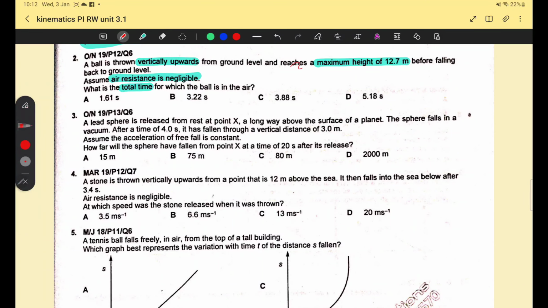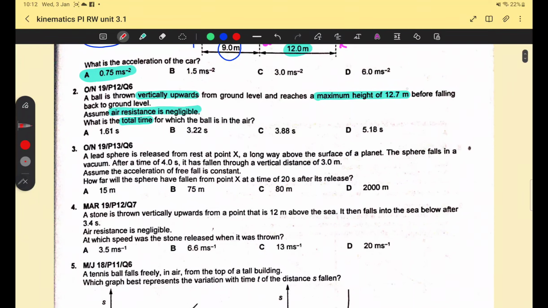So if you are given height and you have to calculate time, then obviously you should use h equals vt minus half gt square. It is the second equation of motion, and the object is thrown vertically upward, and you know that in upward motion final velocity will be zero.